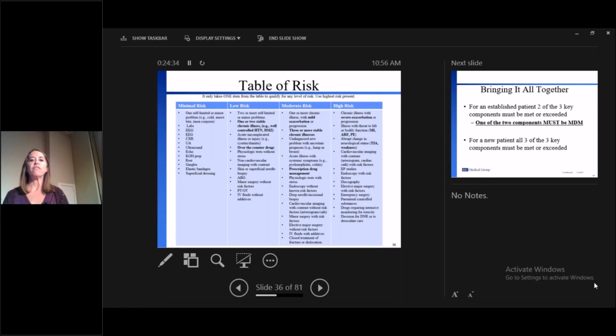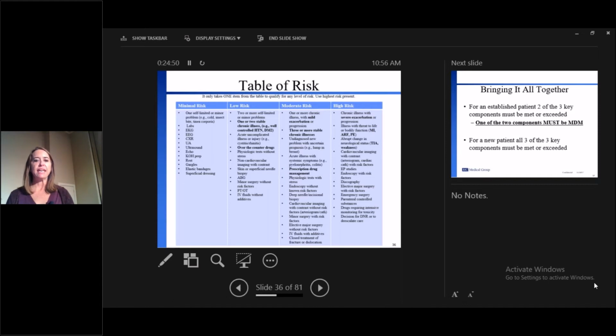To get a 99214 visit, I know we talked a lot earlier about the HPI. If you are documenting all of those, location, duration, and all of those, that's going to get you the information for that.